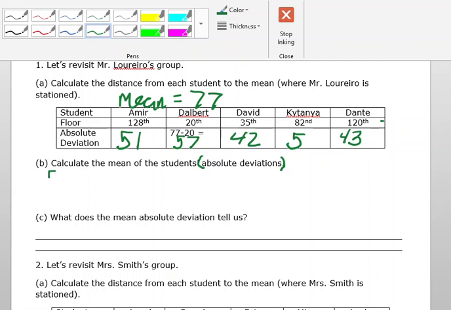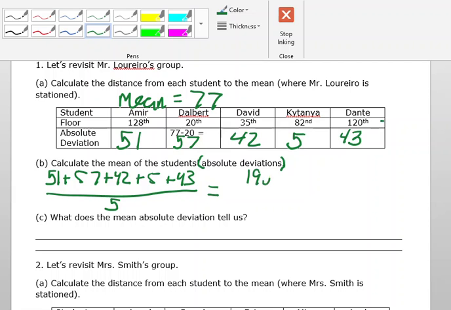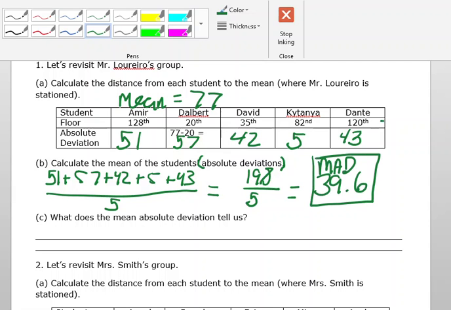I add together 51 plus 57 plus 42 plus 5 plus 43, and divide it all by the number of data points, which is 5. When I add those together, I get 198. When I divide that by 5, I get my mean absolute deviation, which is 39.6. This is my mean absolute deviation, or the MAD.